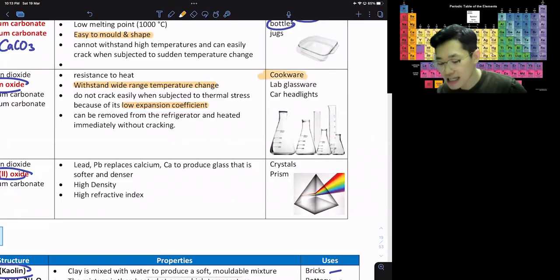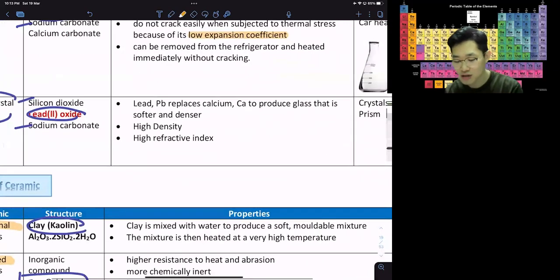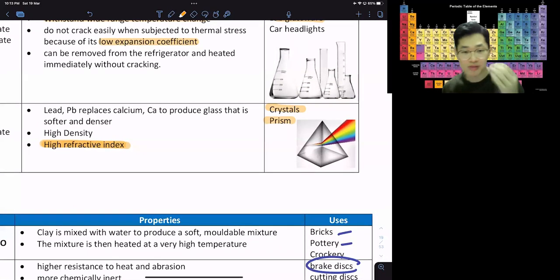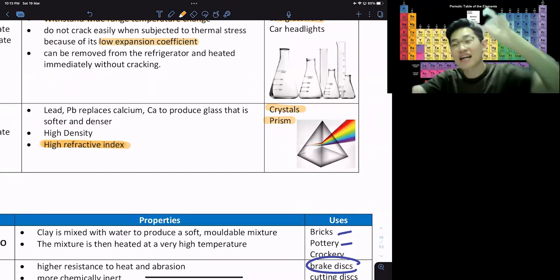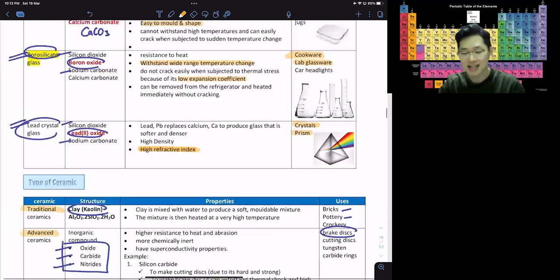Example, cookware, glassware, boiling tube. Lastly, lead crystal glass has high refractive index. Can be used to make crystal, prism, or decorative light decoration, those crystals or diamonds are made of glass.